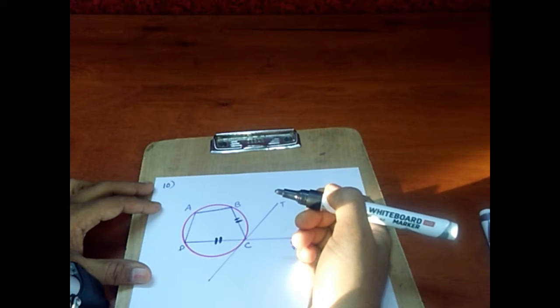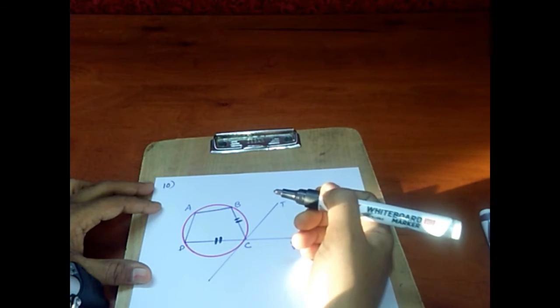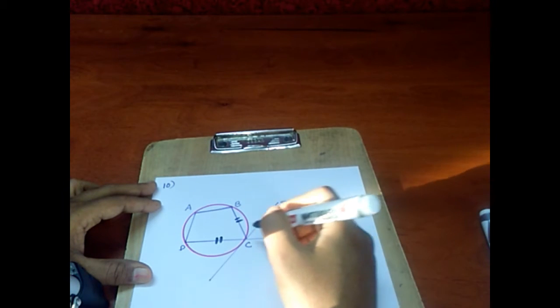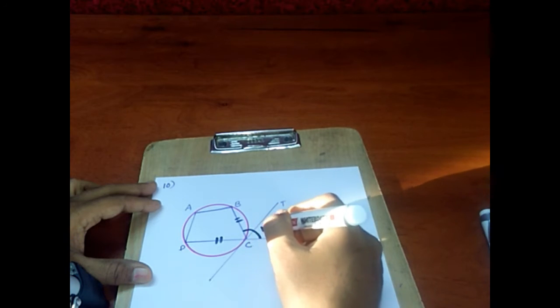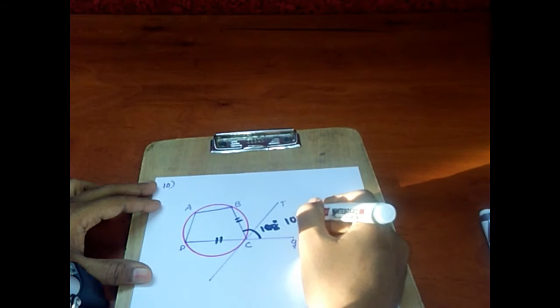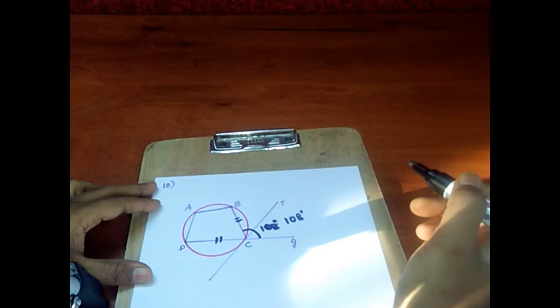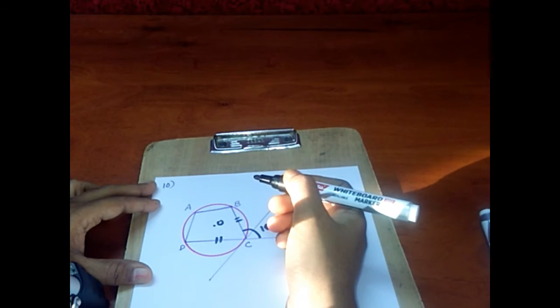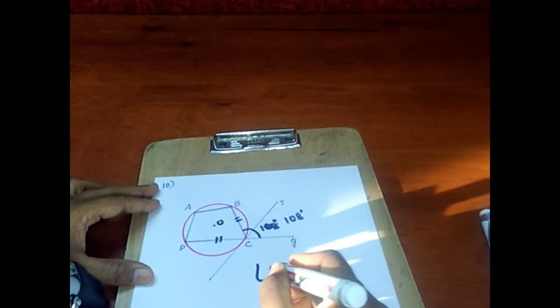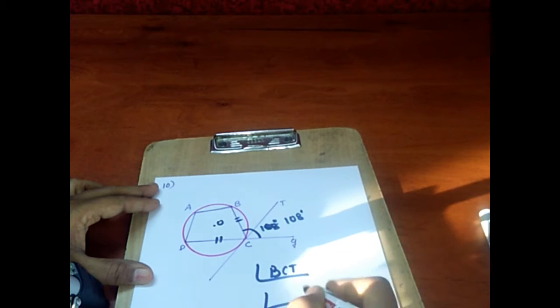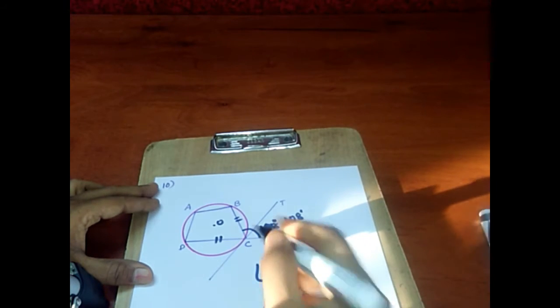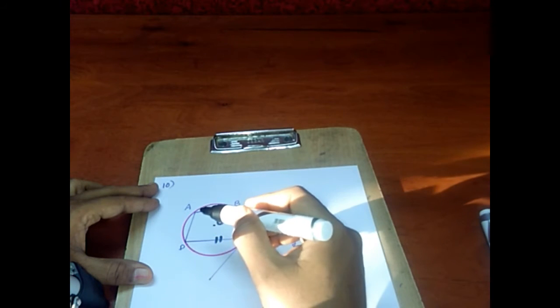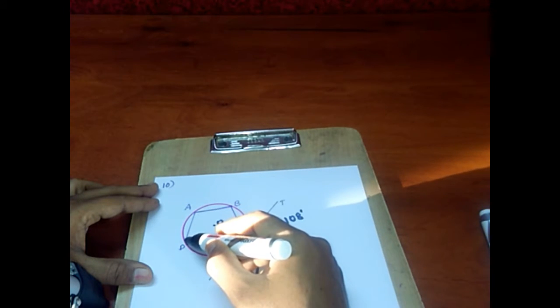TC is a tangent to a circle at C and DC is produced to point G. If angle BCG is equal to 108 degree, measure of this angle is 108 degree, and O is the center of the circle. Find first angle BCT and the other angle DOC. So as it is asked to find DOC, let us join DOC.